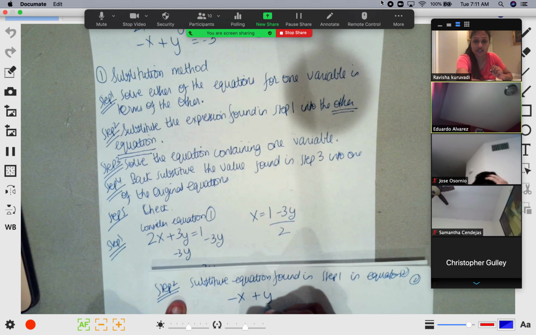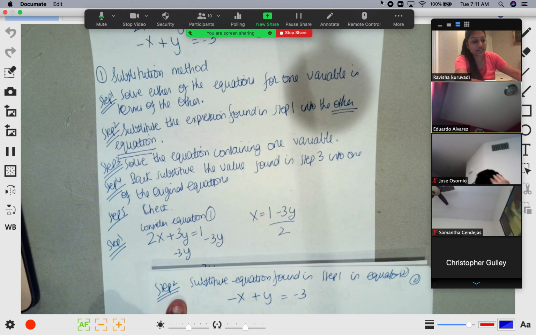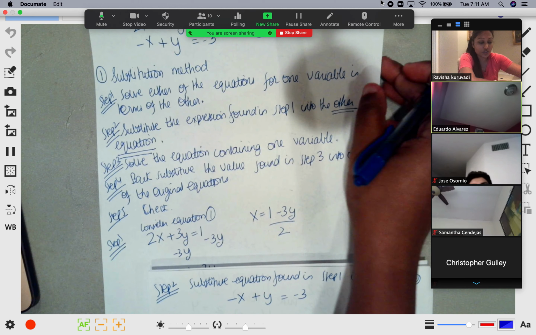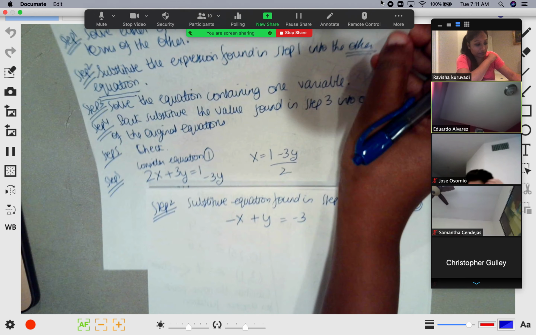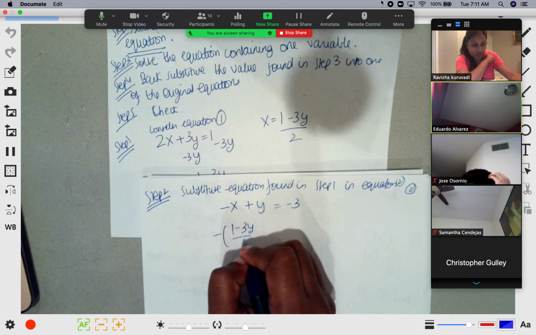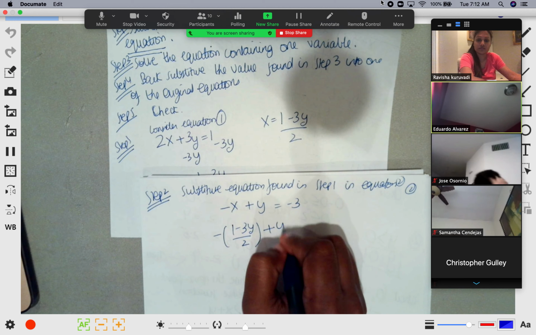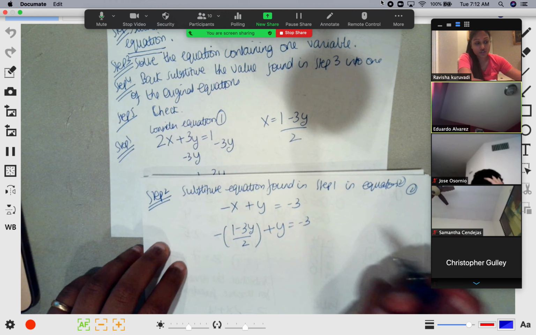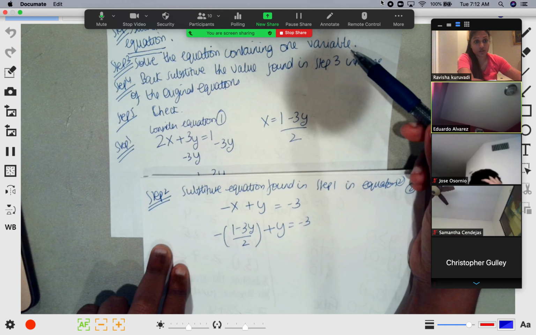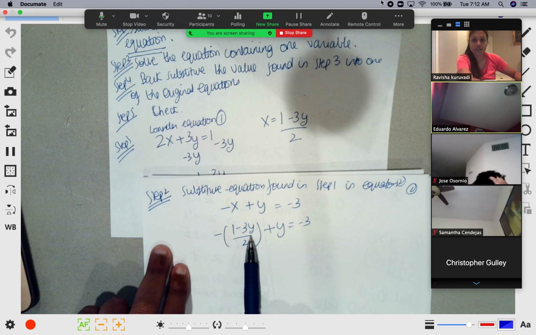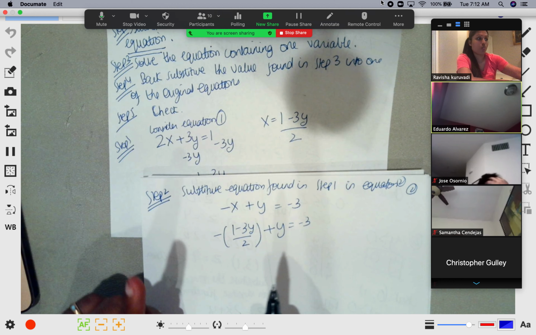I know x is equal to this thing, so wherever I see x in the equation, I'm going to substitute it with (1 minus 3y over 2). So minus (1 minus 3y)/2 plus y is equal to negative 3. Now step 3 says solve the equation containing one variable. Now it is one variable only, y. I need to solve for y.